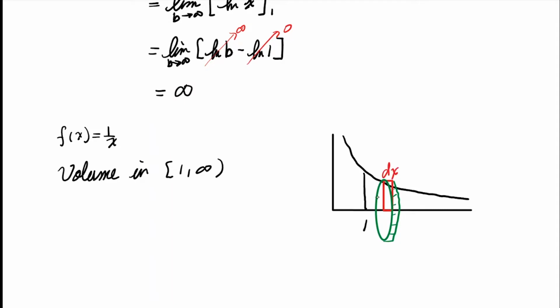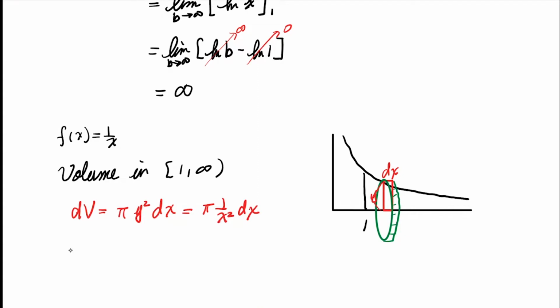This is dx and that height is y. So my dV then is pi r squared, y squared, times dx, isn't it? And of course my y is 1 over x, so that gives me pi times 1 over x squared dx. Still with me? Okay, let's evaluate that.